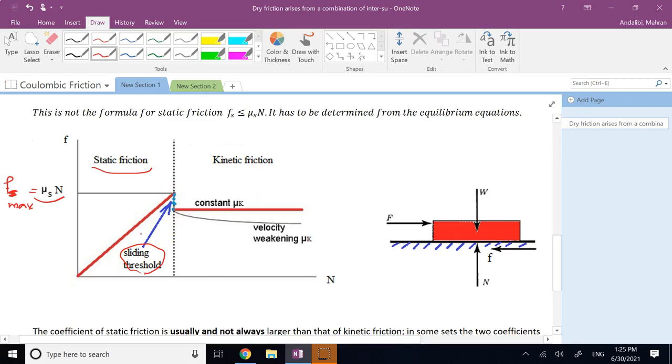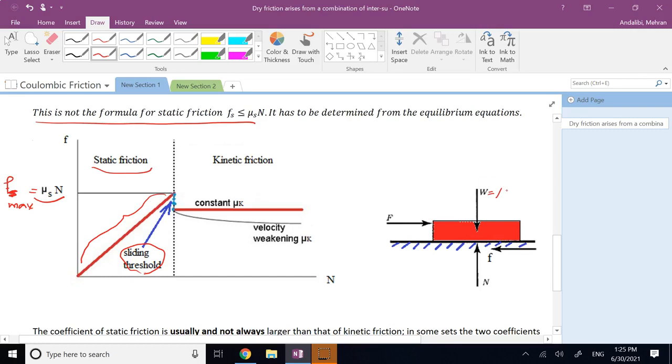But in general, as I mentioned, for static friction, which is any region like here, there is no simple formula. You have to determine that from static equations. Let me give you an example. So, numerical example. Let's say the weight of this object is 10 Newton.